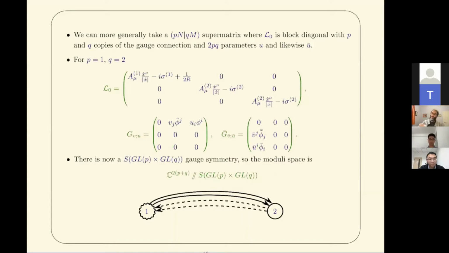And now, instead of the C star action, I have a GL2 action on this 2x2 block. So now the quotient that I have is a C^6, with P is 1, Q is 2, and modded out by a GL2.